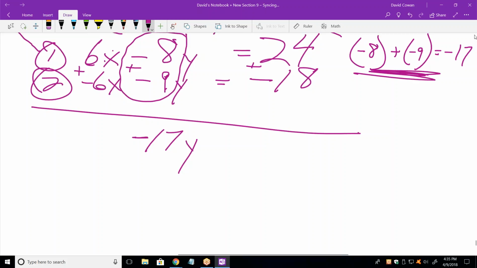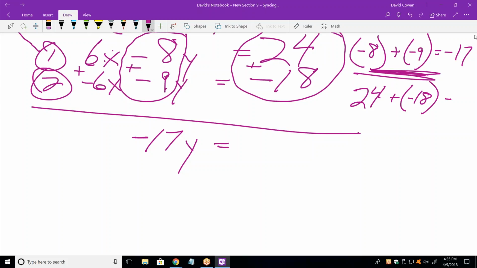What's 24 plus a negative 8 equal to? Hold on, before you answer it, let me write it slightly different.